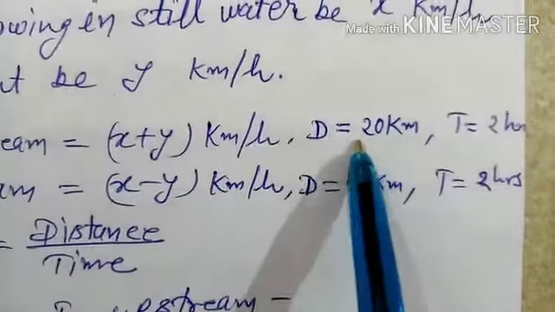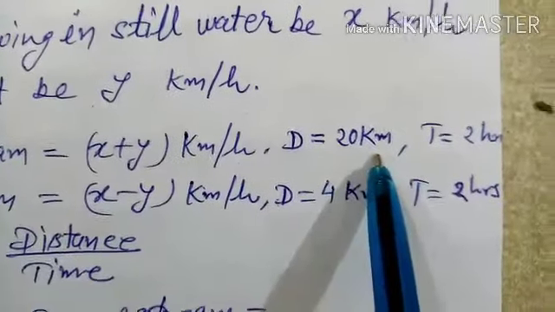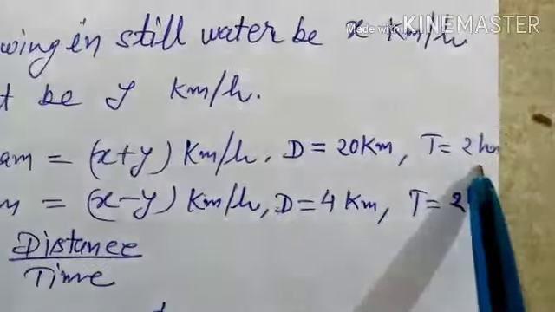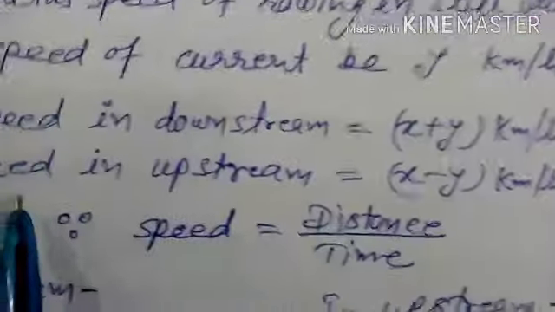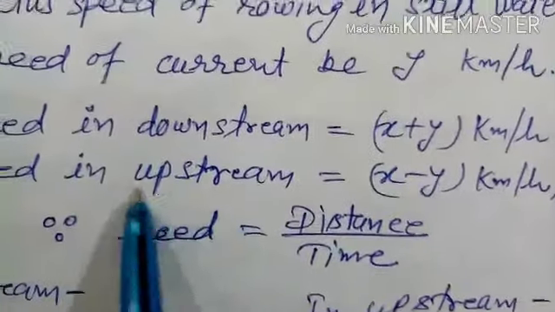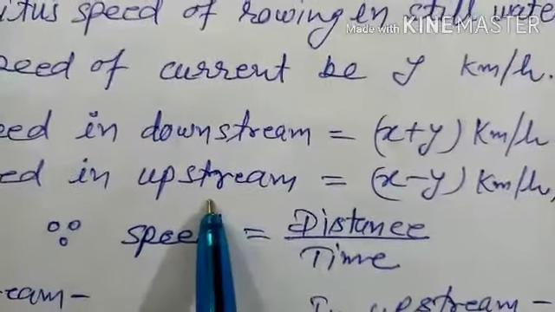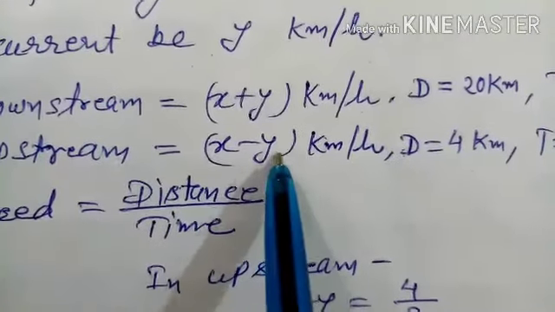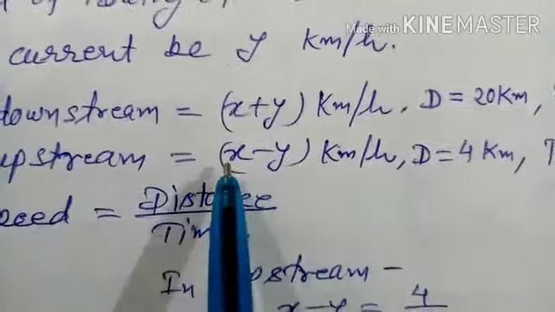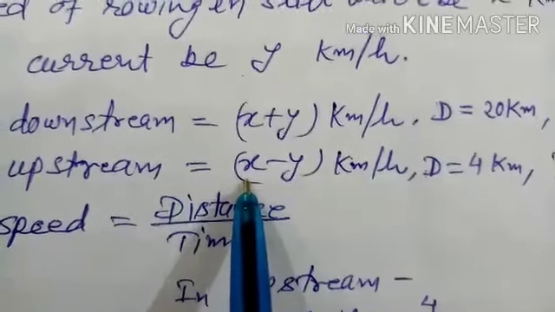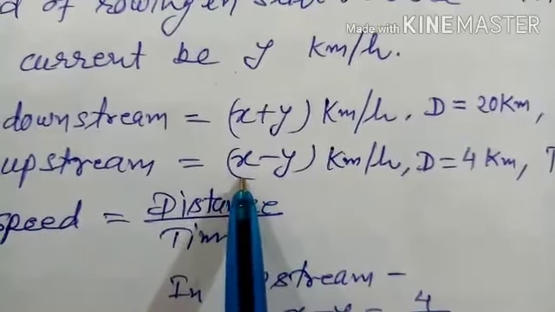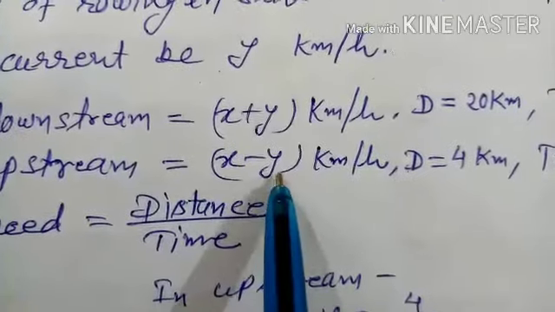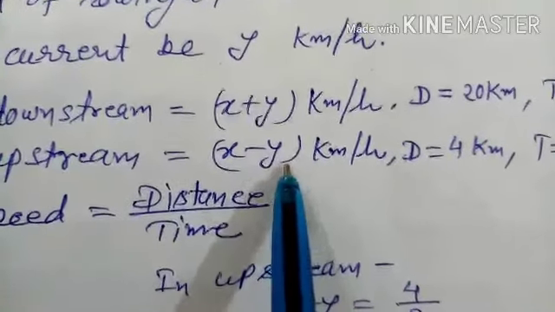In this case she traveled a total of 20 km and the time is only 2 hours. But speed in upstream means against the flow of water. Against the flow of water, the speed of water will be minus, so Ritu's speed in still water, x, minus the speed of water, y.